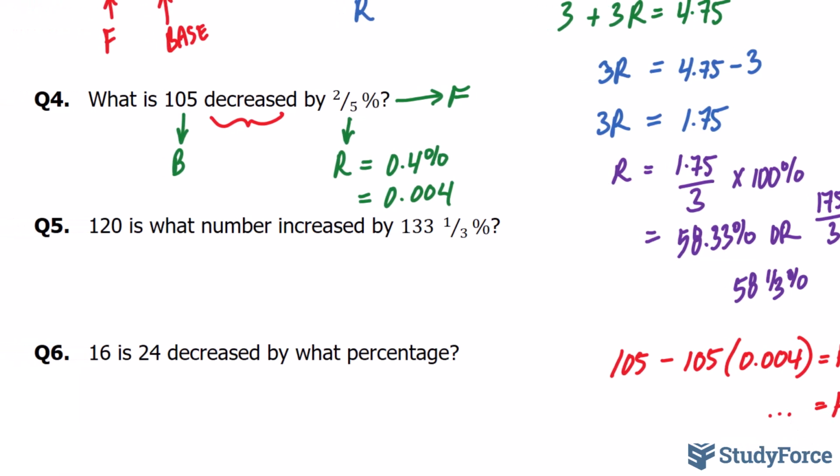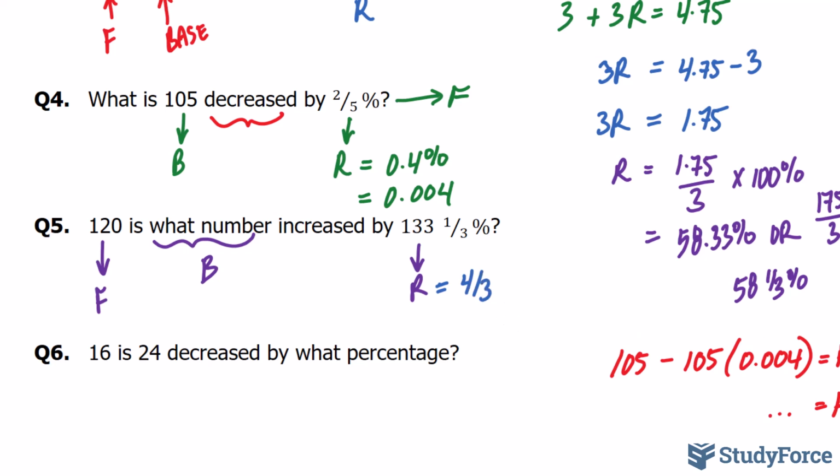For question number 5, 120 is what number increased by 133 1/3%. The what number they are seeking is your base value. That would be your rate, and that would be your final. Because this is a mixed fraction, it does take a little bit of work to change it into a non-percentage rate. If you do it correctly, your rate should be 4 over 3, and you want to keep it in exact form like that.